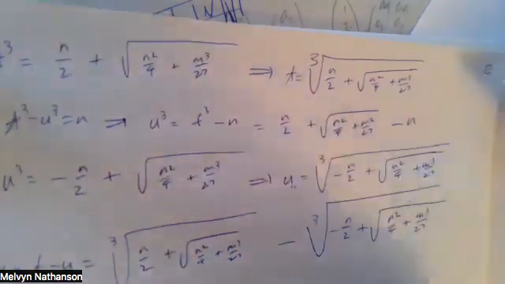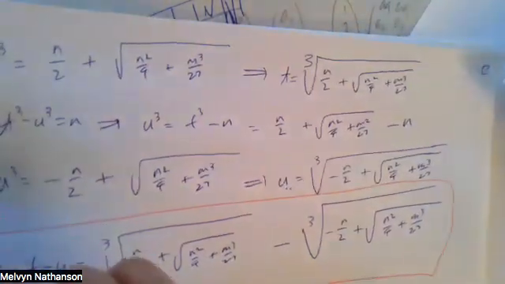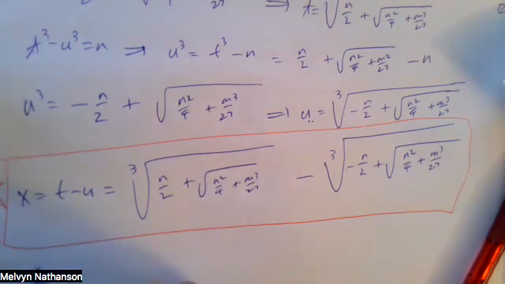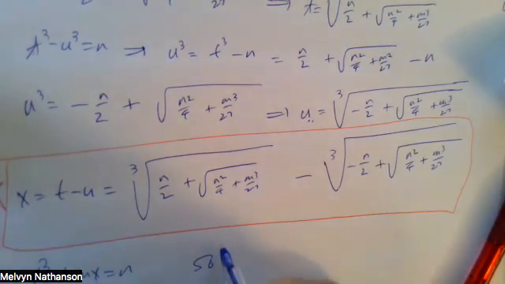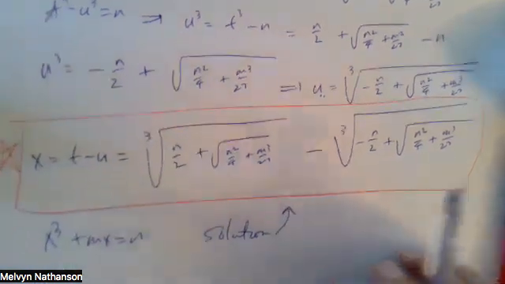And the magic is done. So if you have the depressed cubic, x cubed plus mx equals n, that's the solution.